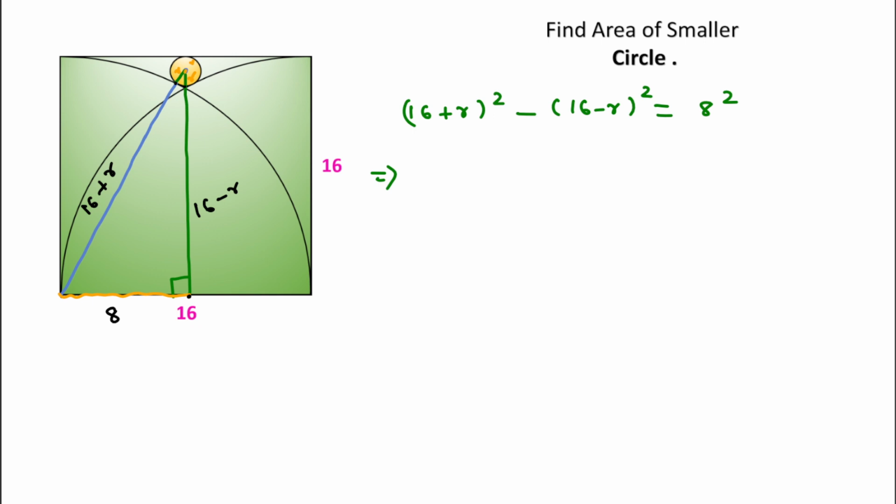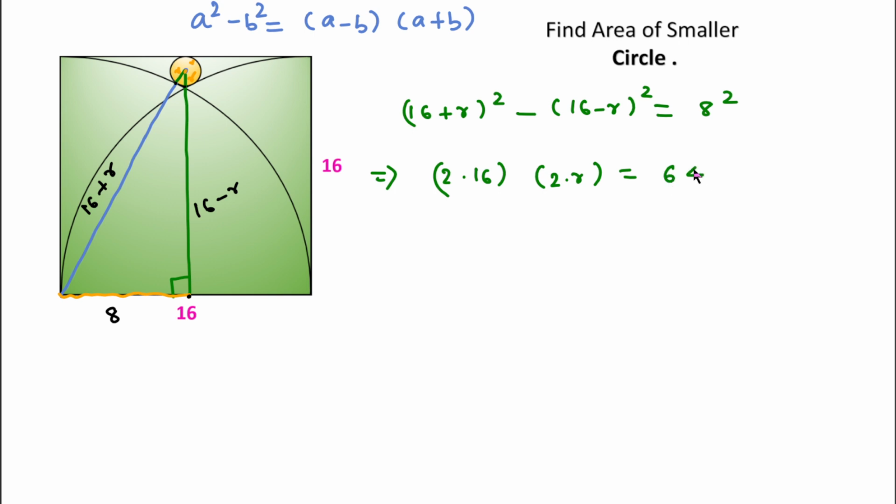And using this formula, a squared minus b squared equals a minus b times a plus b, we can write 16 plus r minus 16 minus r, which becomes 2r, and next 16 plus r plus 16 minus r, which becomes 32, which is equal to 64, since 8 squared is 64. 16 into 2 is 32, 32 into 2 is 64.